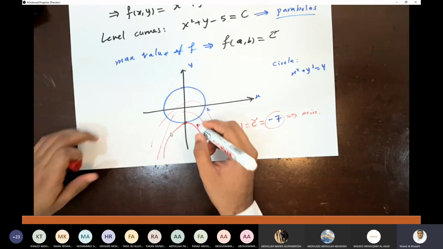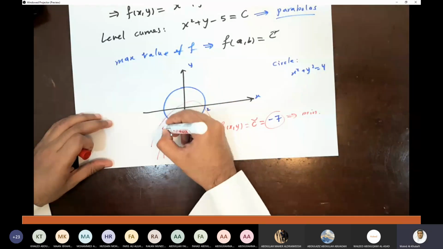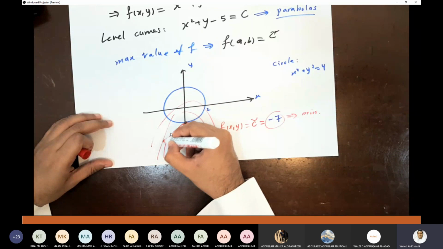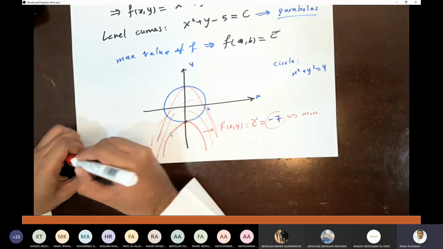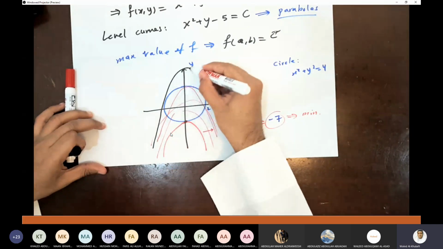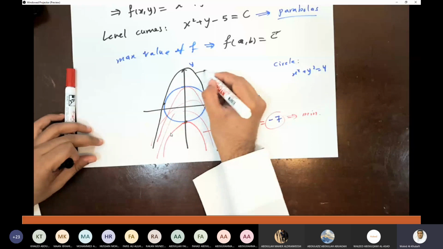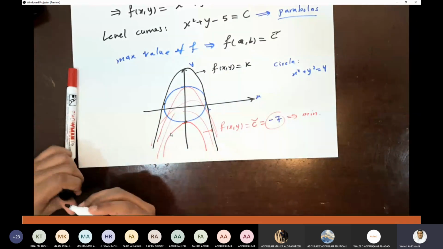And of course every time you increase the C, you go until you hit one like this. There is one that goes like this, and there is one big one, let's put it in black, that goes like this. It barely touches here. This is the highest one. Let's call it K, for example. Okay?